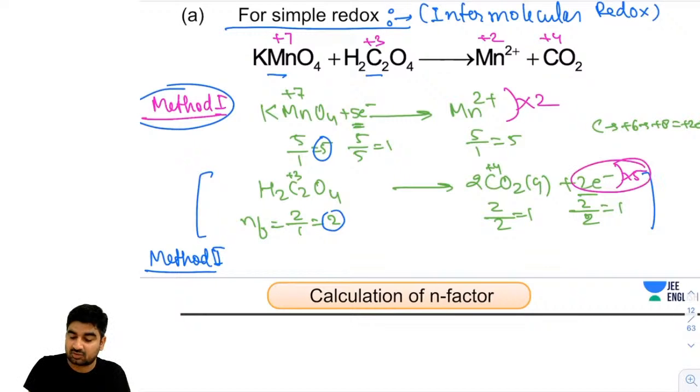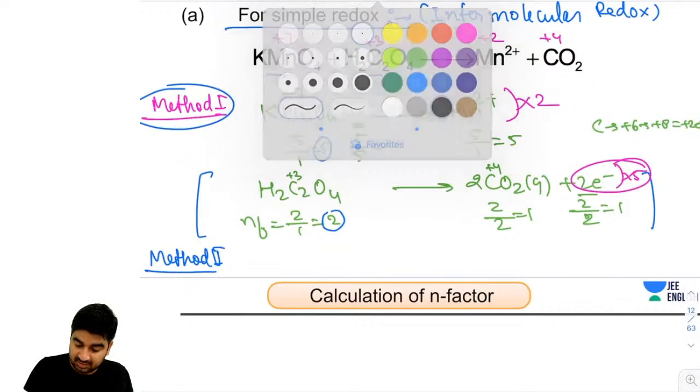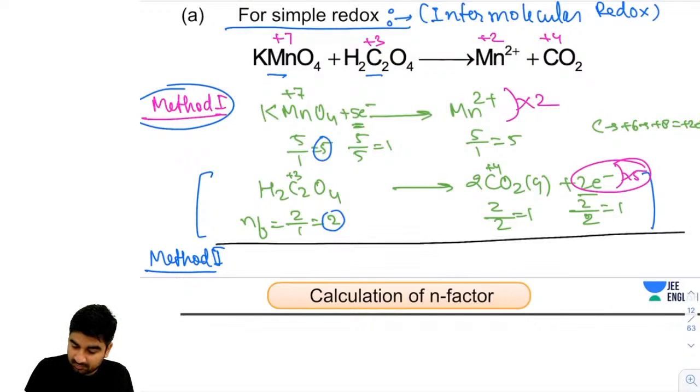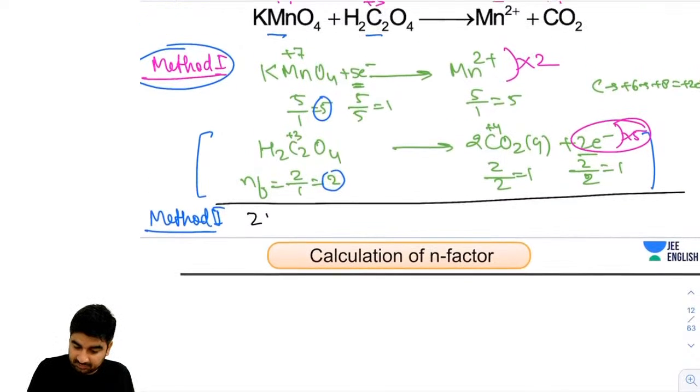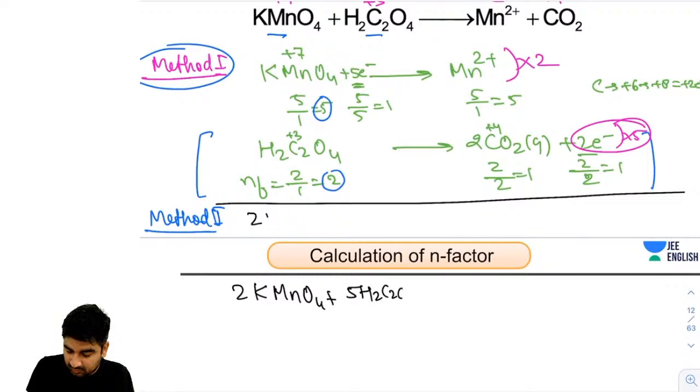So again 10 electrons will be cancelled. If 10 electrons are cancelled guys, what will happen now? Here I will write 2KMnO4 plus 5H2C2O4 and CO2 gas, 2Mn2+.